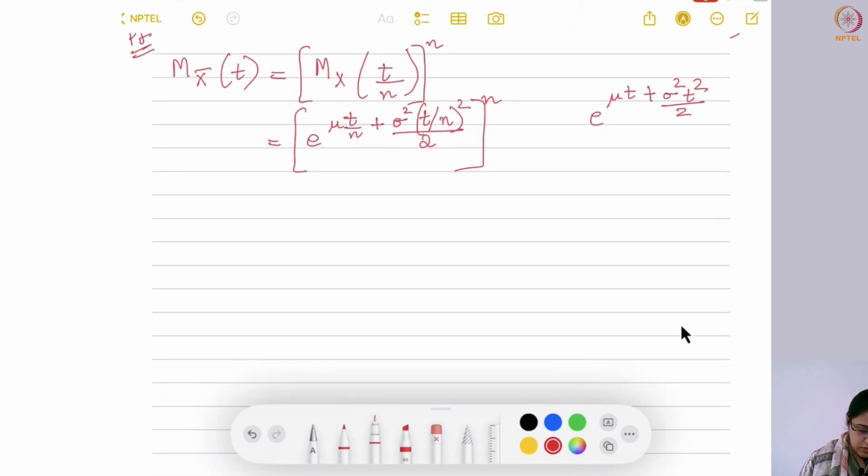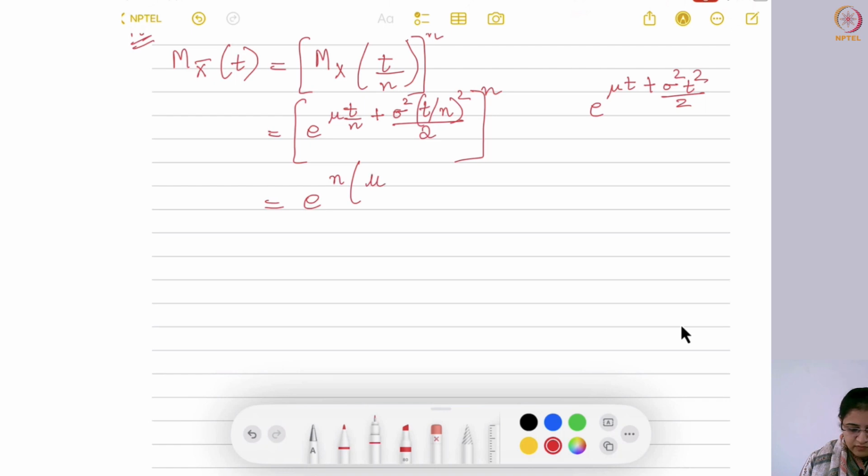Now this would be the same as e raised to the power n times mu t by n plus sigma square times t by n whole square by 2.